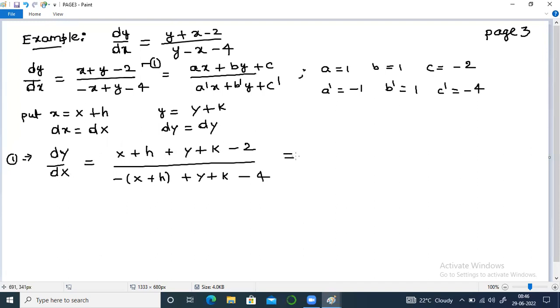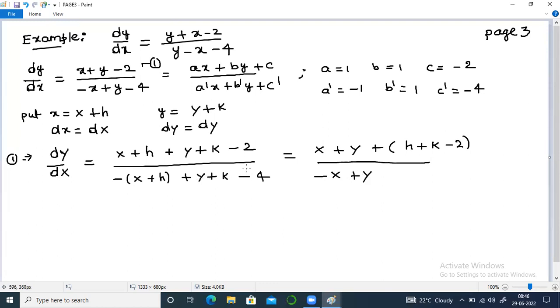The same equation I'm writing like this: dY over dX is equal to (X + Y + h + k - 2) over (-X + Y - h + k - 4).